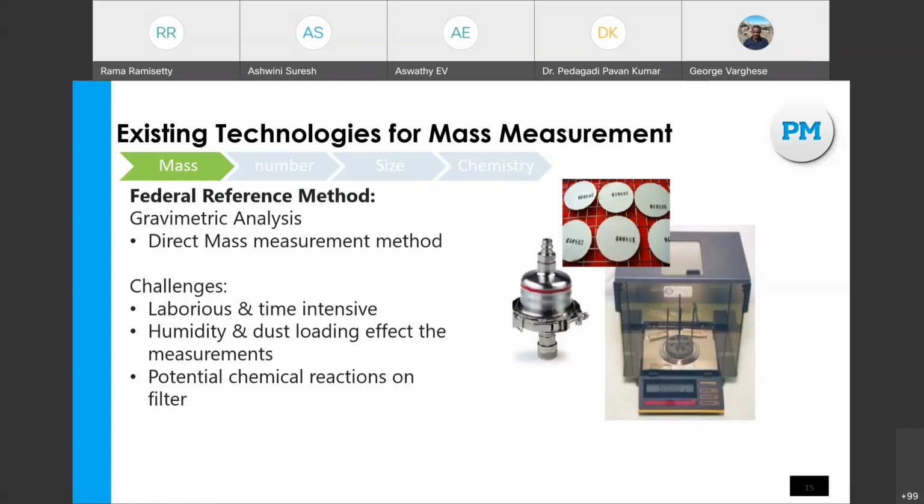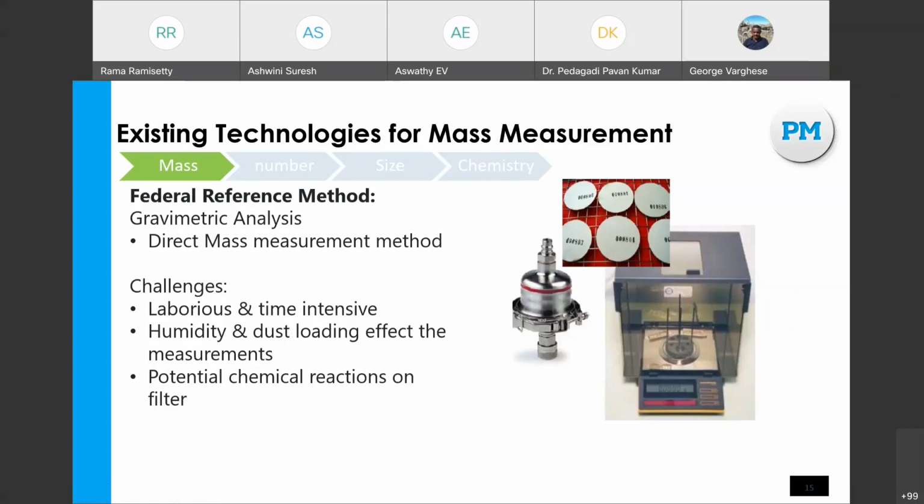This is a standard method actually, but it is a very laborious and time-consuming process. And if there is a very little change in the humidity, the filter paper will get damaged, and you cannot properly estimate or measure the mass.